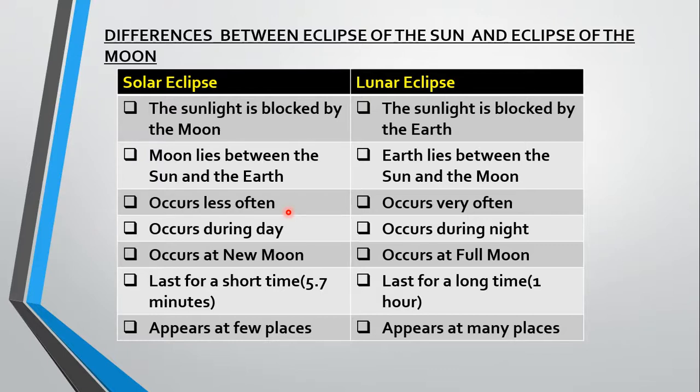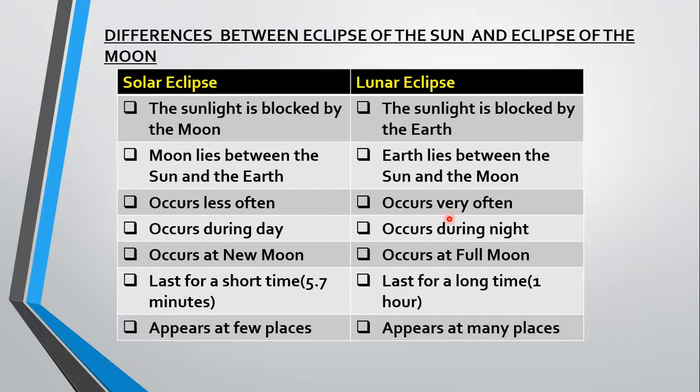But remember, 18 months later, it may occur at some other point on the earth. So this explains why, even though scientists say it occurs once in 18 months, we do not experience it often in Ghana. So take note of that. So it occurs less often.